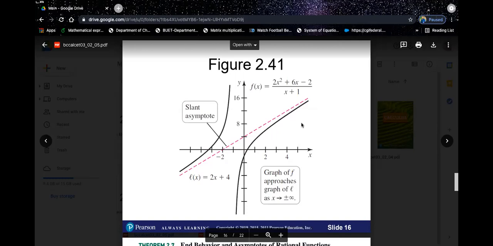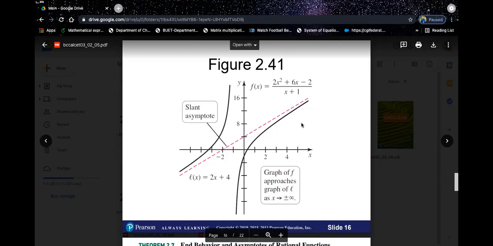We imagine this because we can see that the graph is not going beyond that imaginary line. That's why we use a dashed line. And we show that, hey, when we have this function, the graph of this function doesn't really exceed this line. So the same goes with the slant asymptote as well.